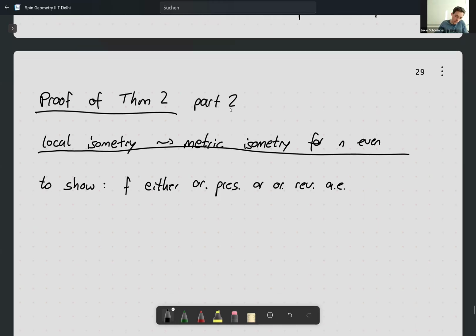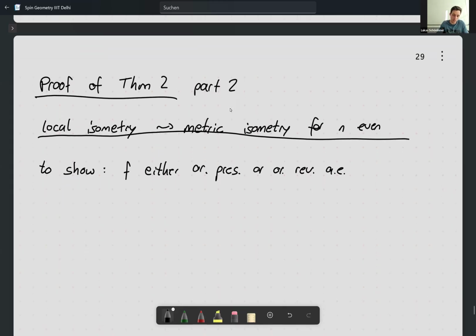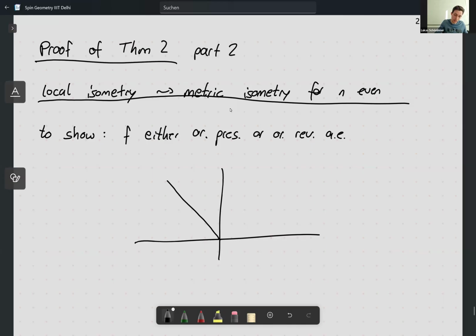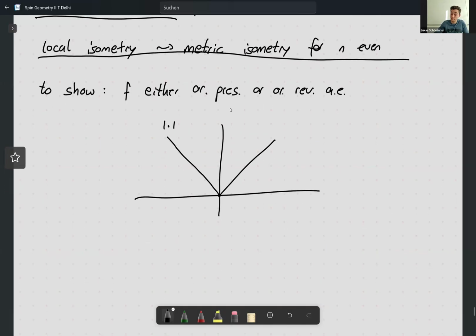But actually, one can illustrate quite easily why we have to show this. Namely, if we look at the absolute value map going from R to R, this is a perfectly fine Lipschitz map. It's actually a local isometry almost everywhere.